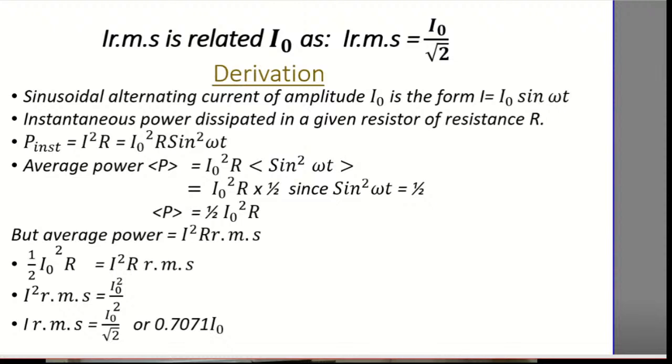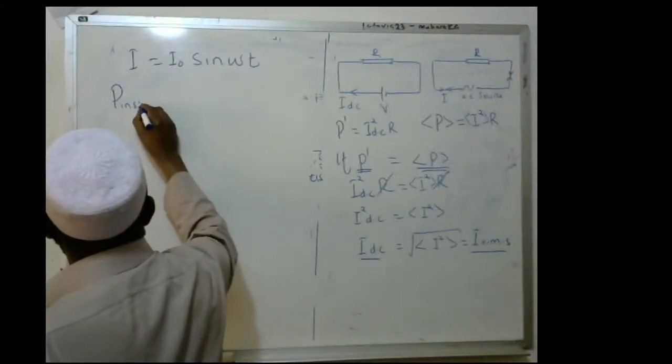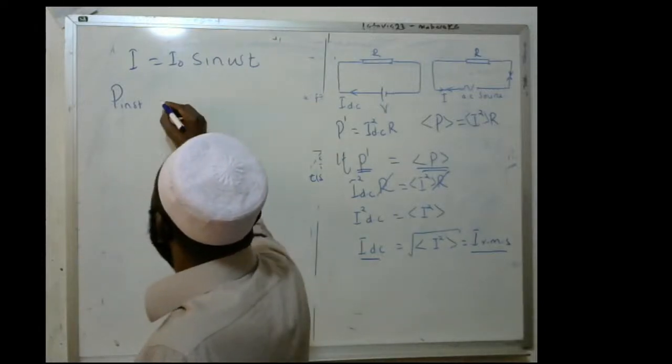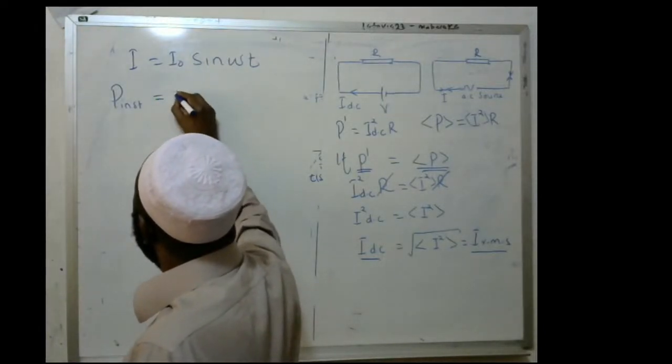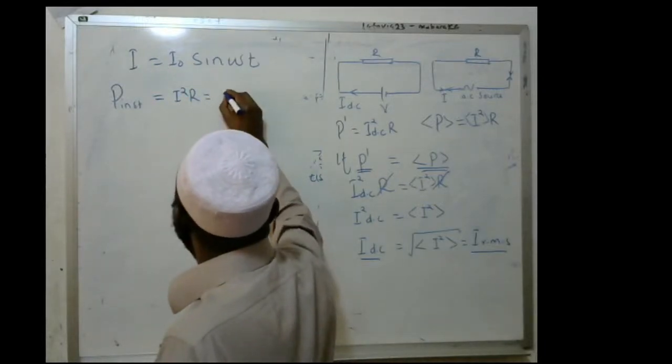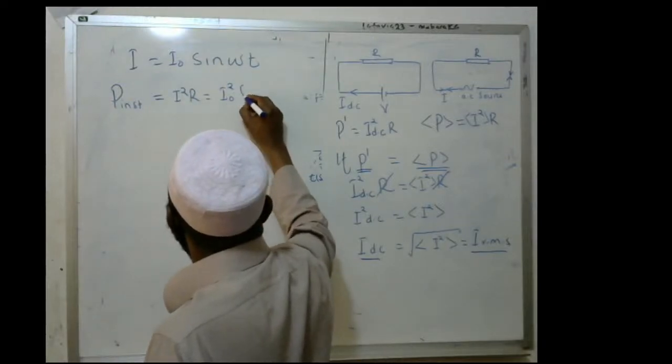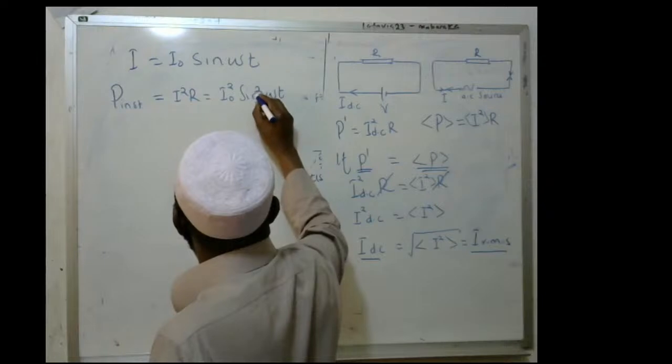Since in the alternating current, I is given by I naught sine omega t, the instantaneous power dissipated in the resistor, meaning the power at a particular time t, is given by I squared R, which is the same as I naught squared sine squared omega t R.